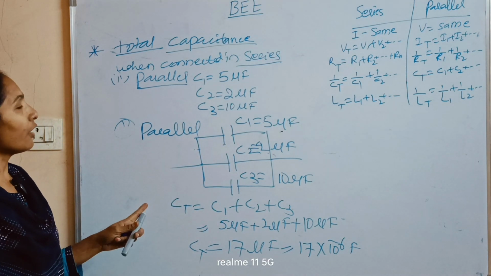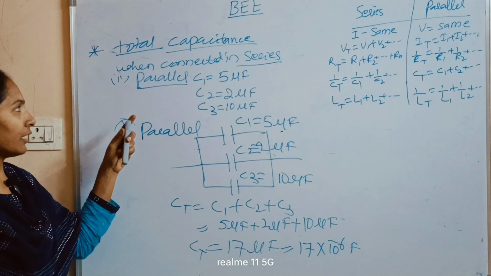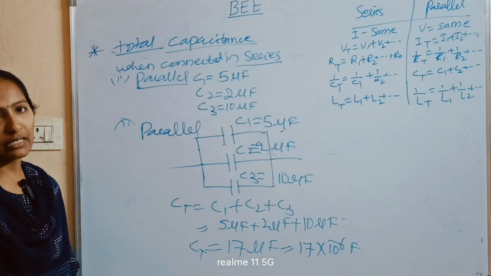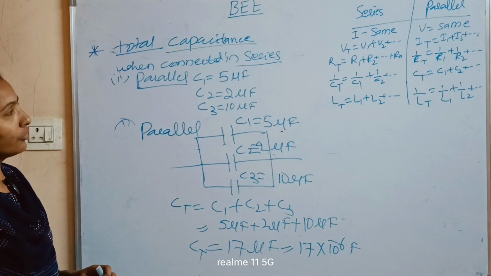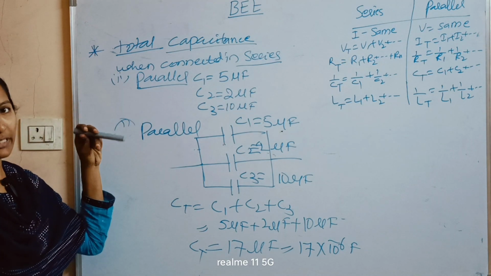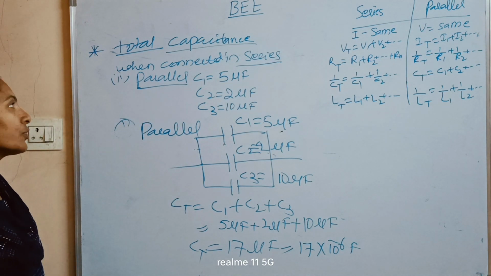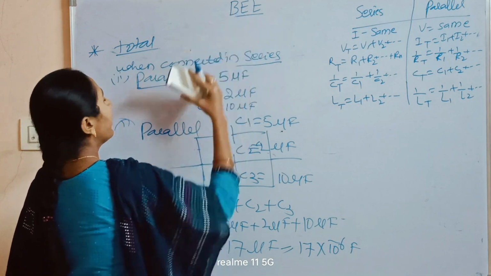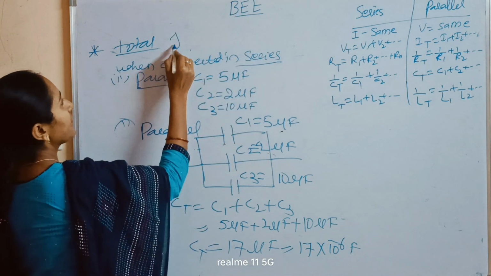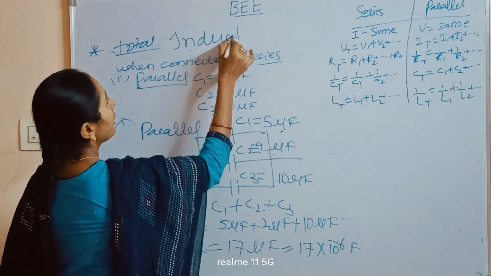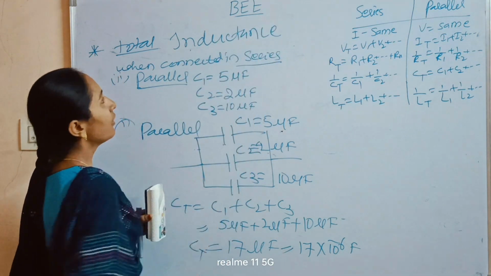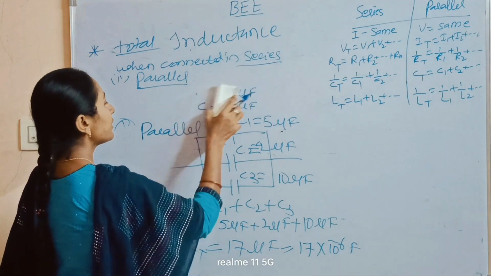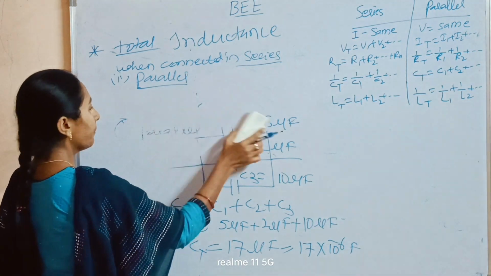I hope all of you understood capacitors connected in series and in parallel. So resistor values completed, capacitors completed. Now coming to inductors, same question. Find the total inductance when connected in series and parallel.